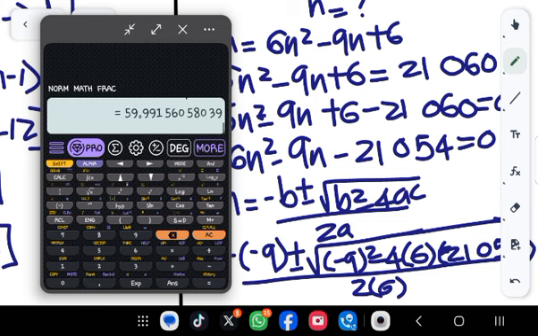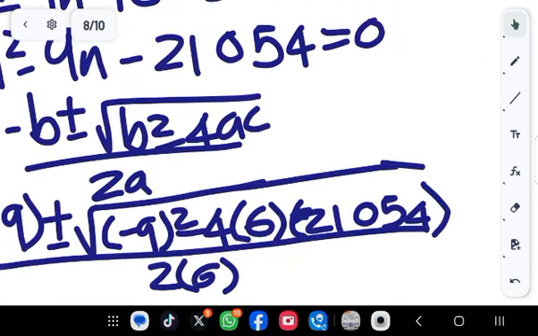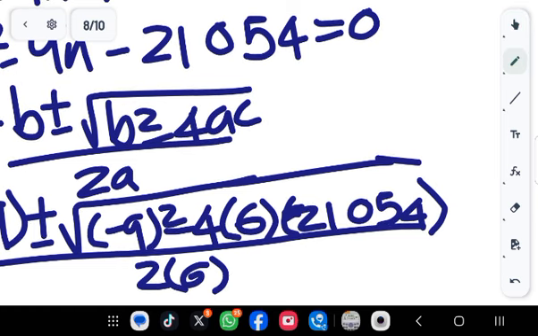Okay, and that should give us 60. Yes, it is 60 if you use an offline calculator. So that is equal to 60.